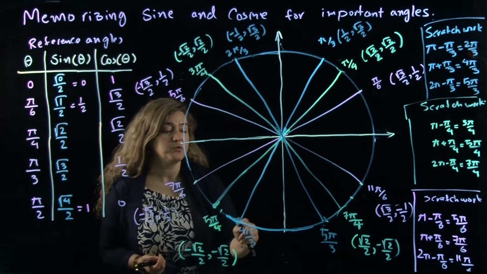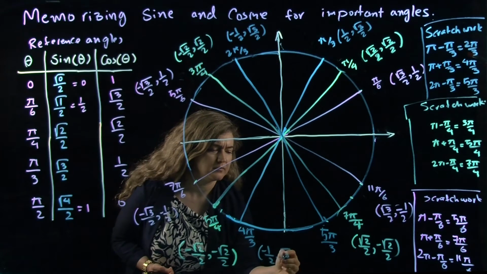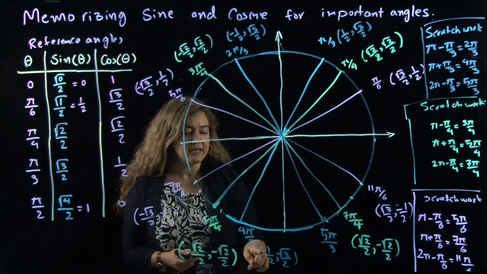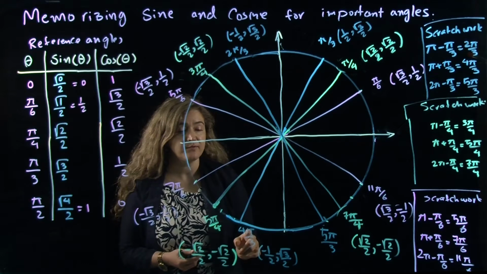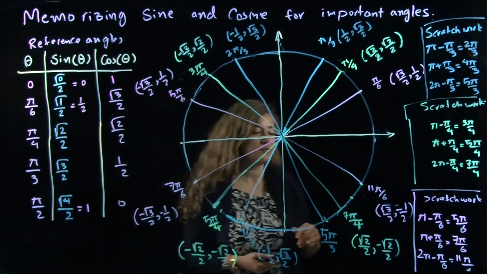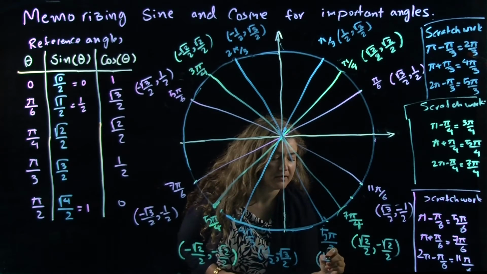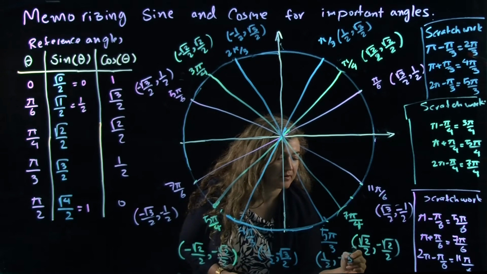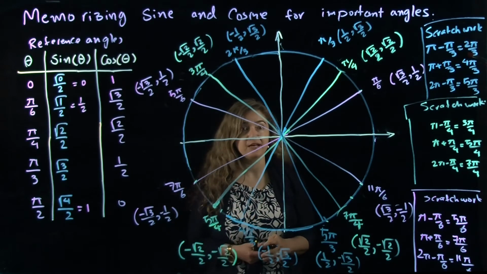Over here, both sine and cosine should be negative. So it's negative 1 over 2 is the cosine of 4 pi 3, and negative square root of 3 over 2 is the sine of 4 pi 3. Over here, x value should be positive, y value should be negative. So cosine is positive, sine is negative.